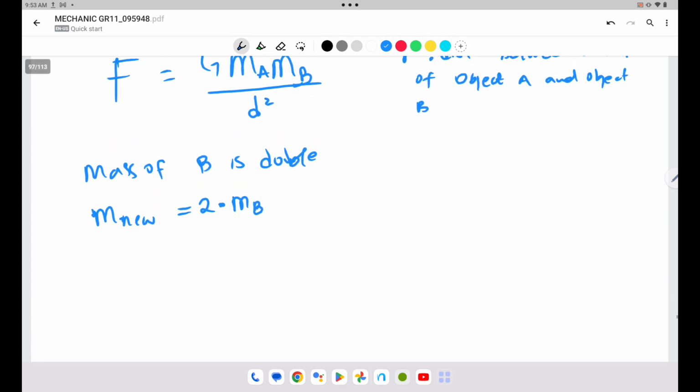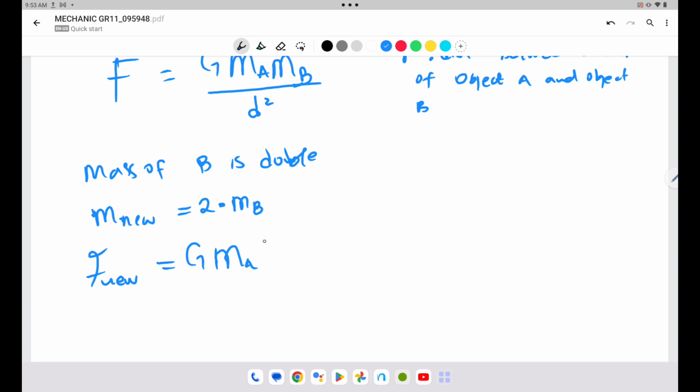So you're going to have some new force, because we know that the product of the masses influences the force. The new force will be G. The mass of B was the only thing that was changed, so G is still the same and the mass of object A is still the same.